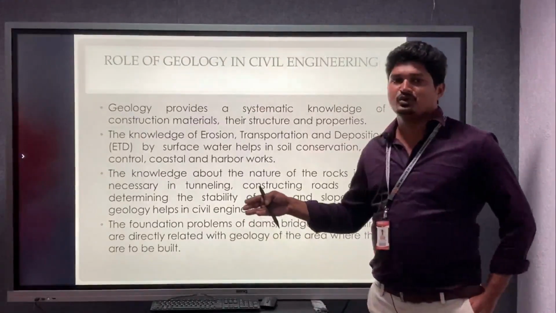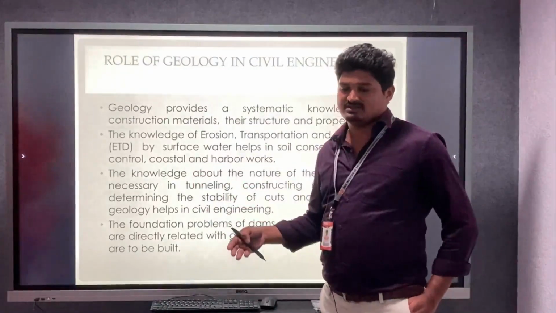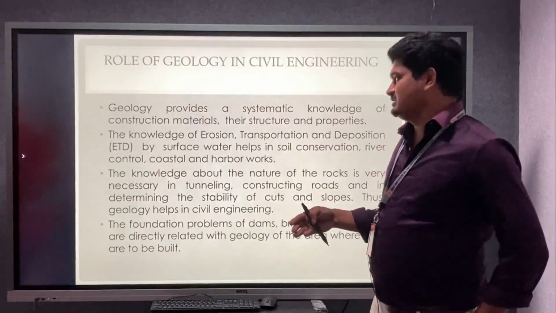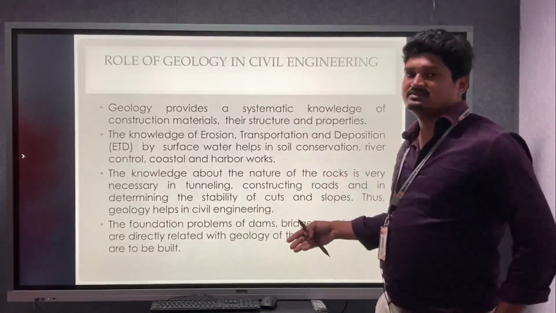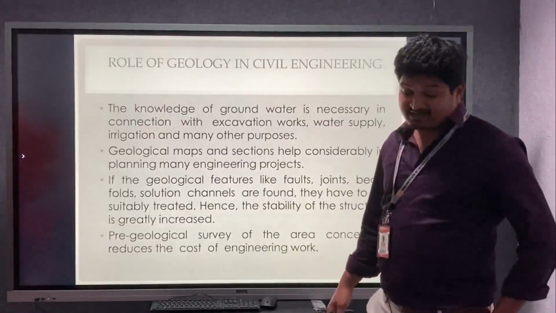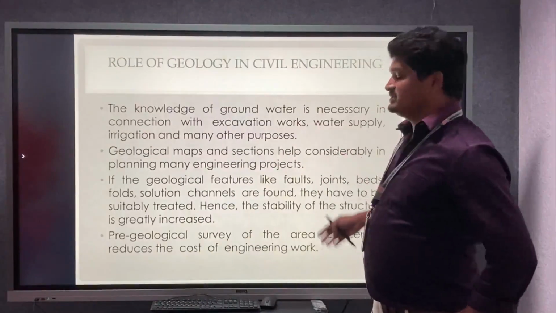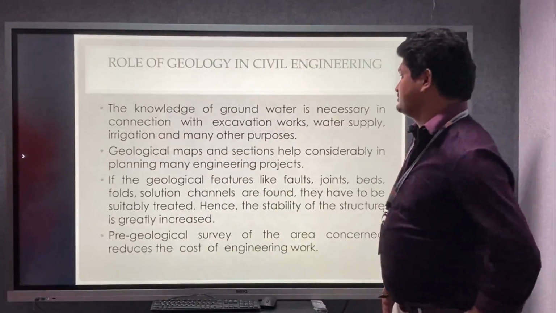If you look at our older buildings, such as the collector's bungalows or any old hospitals, they were constructed with stones. So building stones also utilize different types of rocks, and different types of road metals. This knowledge is given for civil engineering construction purposes.